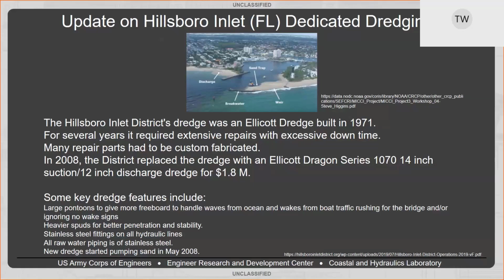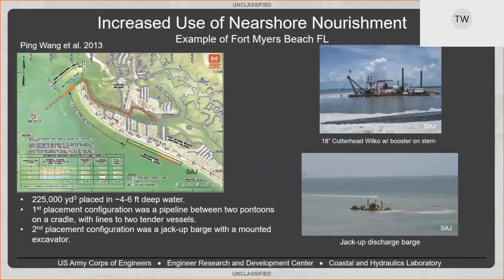Now, what we're also seeing is that, for the method of placement, there is increased use of nearshore nourishment. We place the sediment close to the shore, but in the water, to keep that sediment in the littoral system and keep some of that sand up on the beach, but keep it in the beach profile.